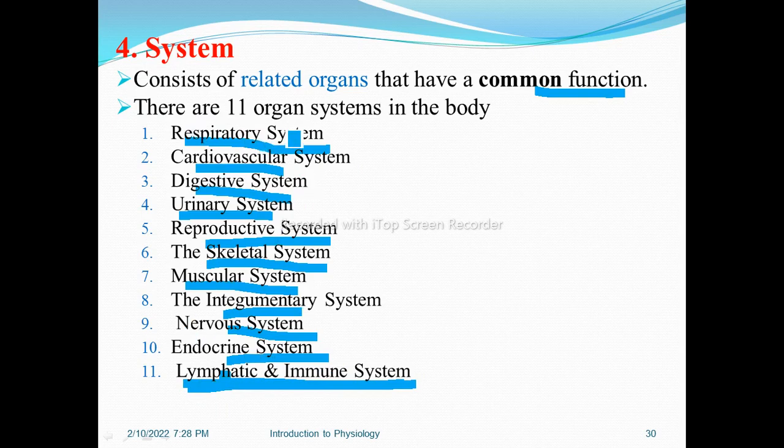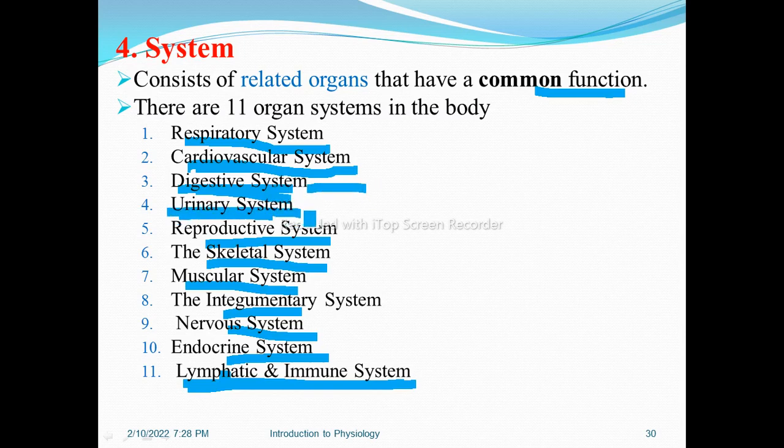In the respiratory system, we will study how we breathe, how we take in and remove oxygen and carbon dioxide in the body, and how these gases are exchanged. The cardiovascular system studies how the blood vessels and heart function. The digestive system is about how food is chewed, swallowed, digested and absorbed.